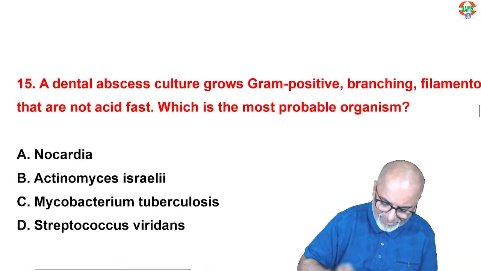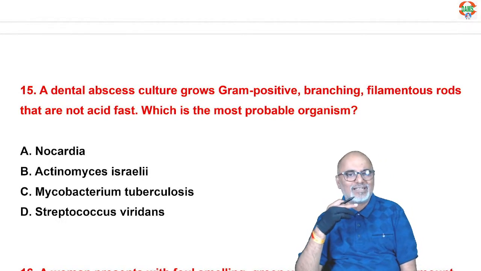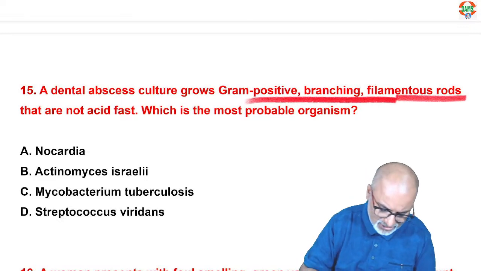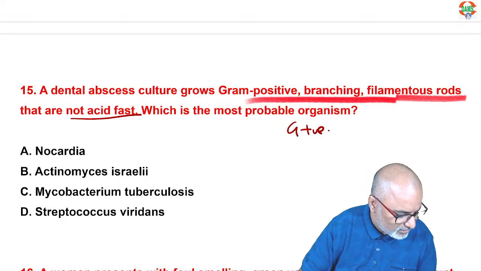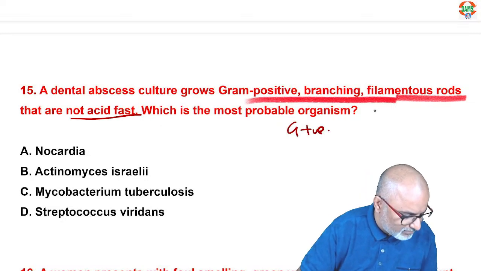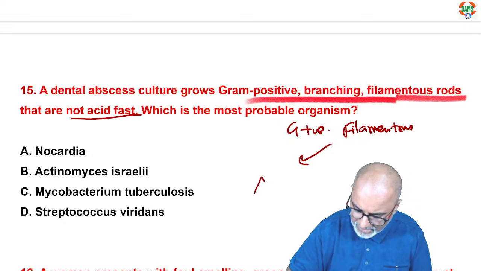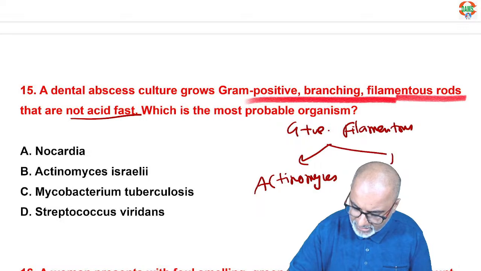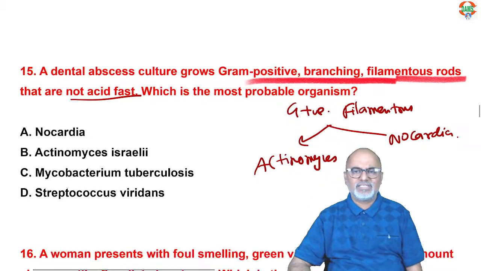A dental abscess, again all dental related. See the beauty. Dental abscess culture grows gram-positive branching filamentous rods, non-acid fast. So gram-positive filamentous bacteria: two possibilities, Actinomyces and Nocardia. Common is Actinomyces because it's seen in the oral cavity.